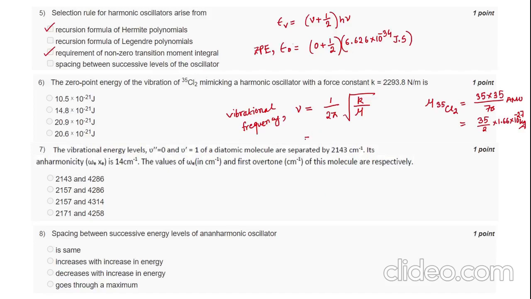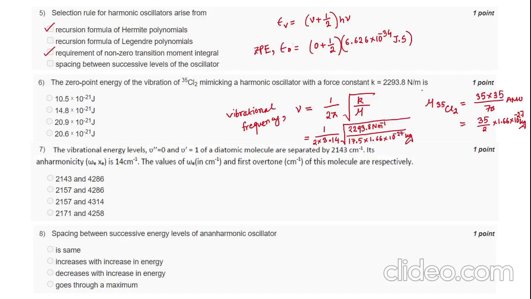It is 1 by 2 into 3.14, and k, the force constant, is given, 2293.8 Newton meter inverse, divided by 17.5 into 1.66 into 10 to the power minus 27 kg.